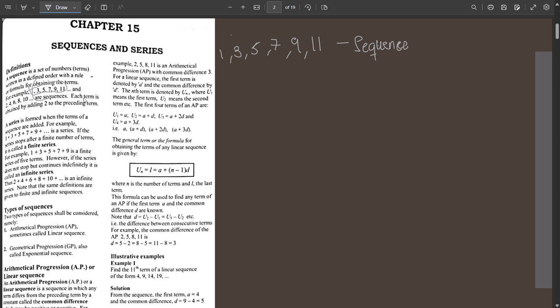If the numbers are separated by plus, a summation of all the numbers in the sequence forms a series. So 1 plus 3 plus 5 plus 7 plus 9 plus 11. That forms a series.